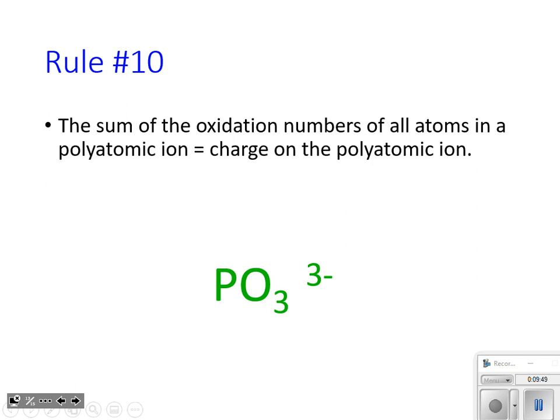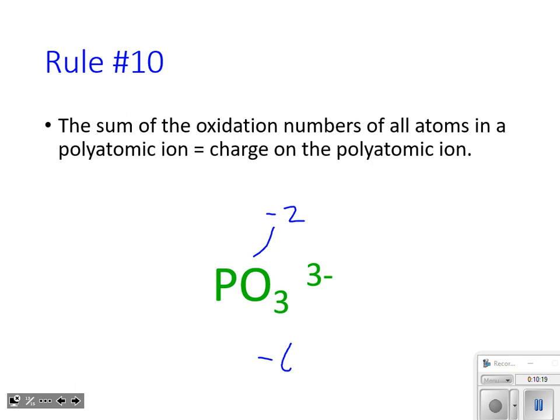Okay? So here I have PO3, the phosphite ion, and it has a -3 charge. So as I am looking at this, okay, I follow my rules and I get my steps and I say, okay, I'm going to start out with this oxygen there. Is that oxygen a peroxide? It is not. So I know that that oxygen's charge is going to be -2, okay?